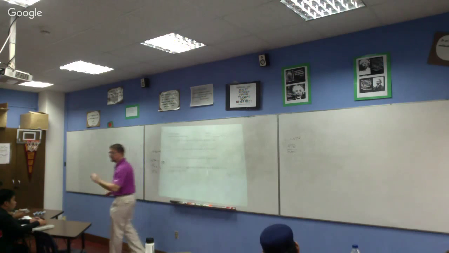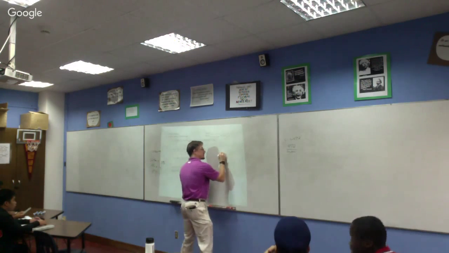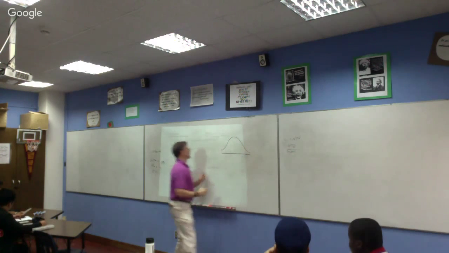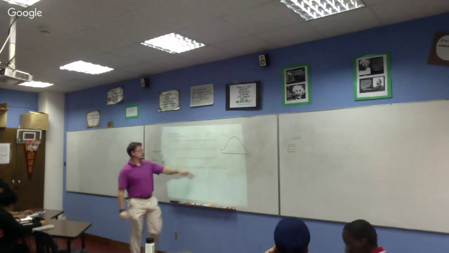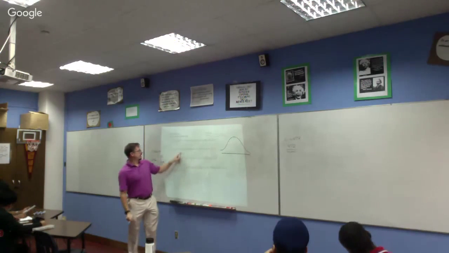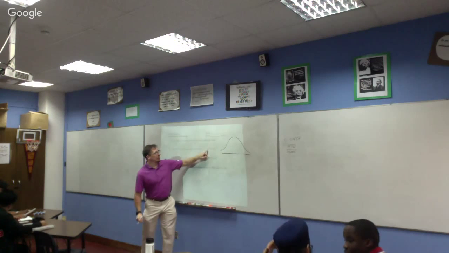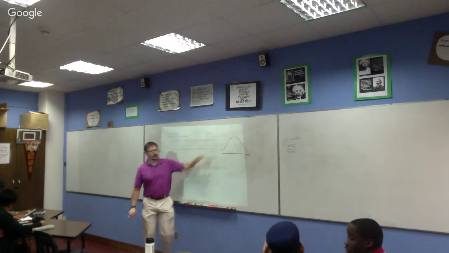Your calculator calculates to the left. This thing is not to the left. Okay? We have an area, right? We have a distribution, and we have the standard normal, and we're looking at a value that is greater than 0.65.